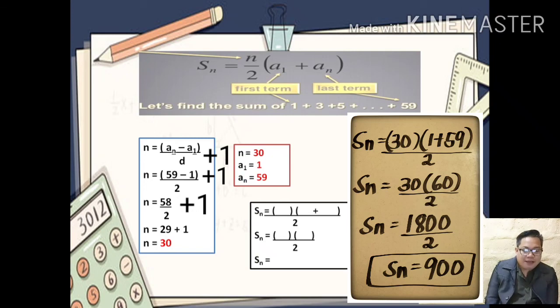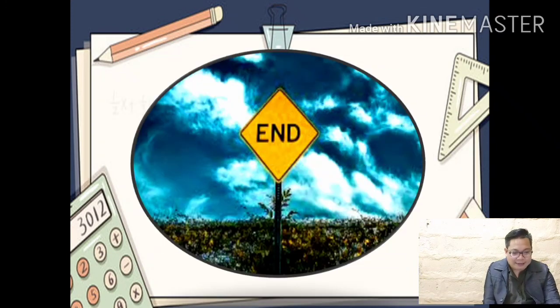So we have S sub n equals 30 times 60 divided by 2. Then 30 times 60 is 1,800 divided by 2 equals 900. So ang sum ng odd numbers from 1 to 59 ay 900.